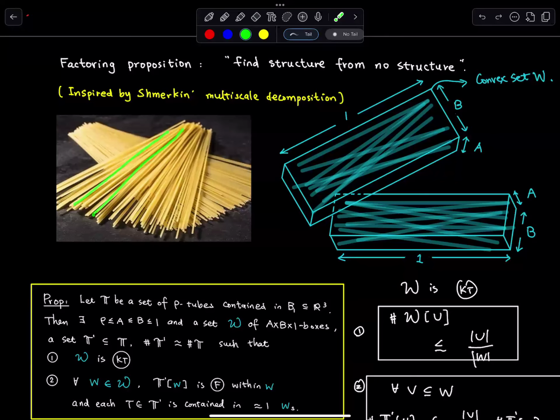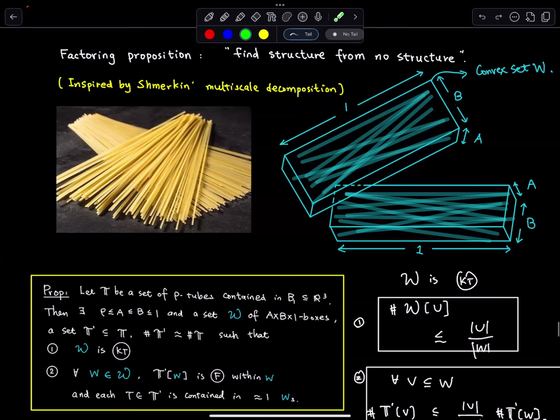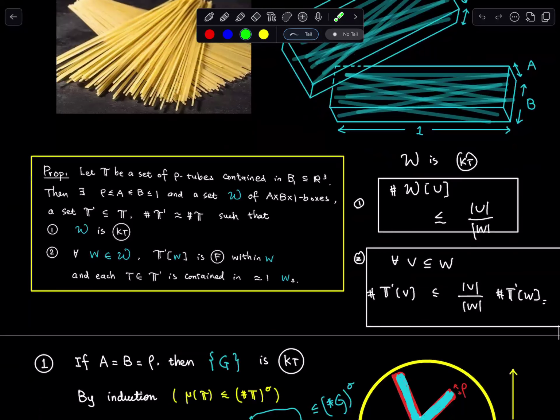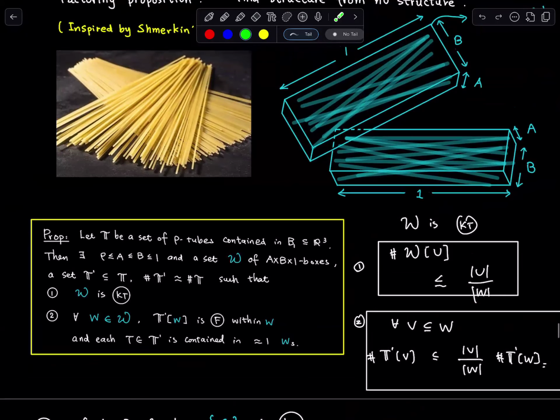For any set of rho tubes, we can find some boxes or some envelopes to cover them. And the boxes themselves are essentially disjoint, and the rho tubes will essentially fill out those boxes. So this is a structure theorem that tells us all the information about the union of tubes in R3, up to some refinement. Are there any questions?